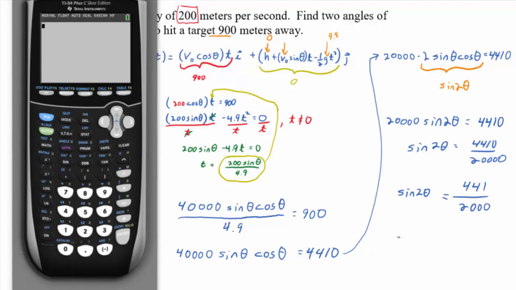Now you've got to be careful here. When you take the inverse sine, that'll just give you one value of 2 theta, right? So you take the inverse sine on both sides, you get inverse sine of 441 over 2,000, but that's only going to be one of your answers. Then divide by 2, that'll be your answer, and we'll talk about how to get the other answer in a second.